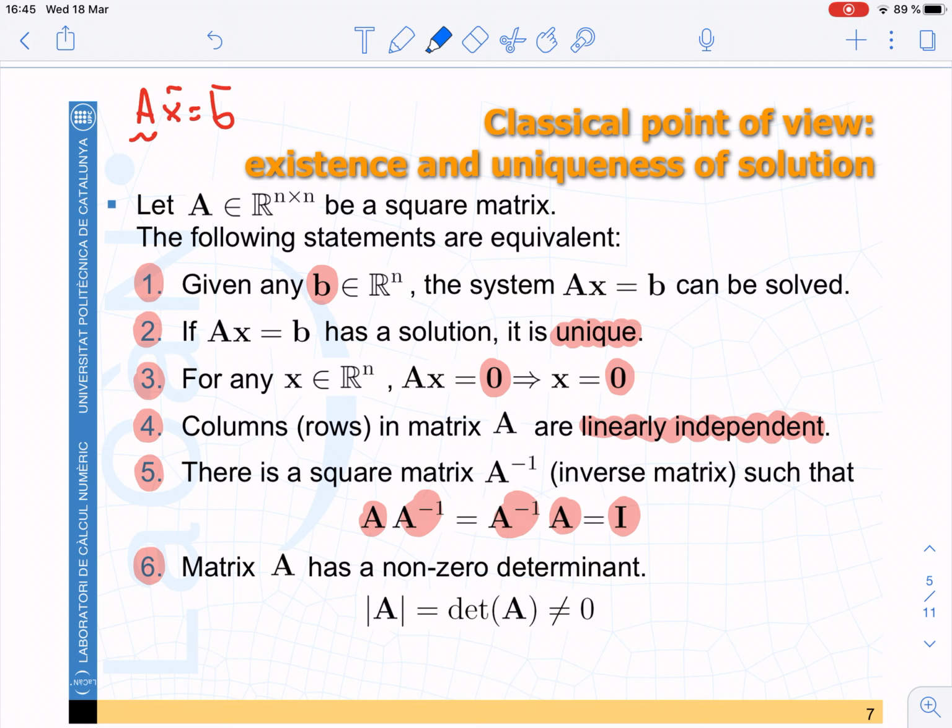This review highlights two very important notions in the classical algebraic point of view, those of inverse matrix and determinant.